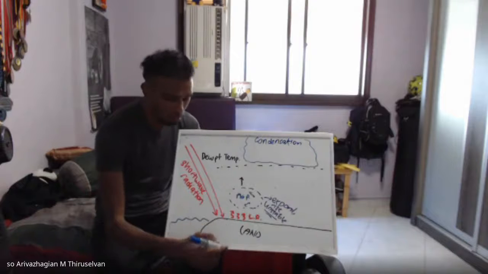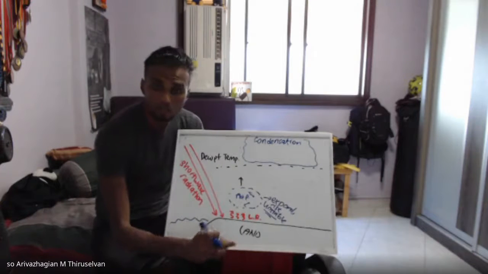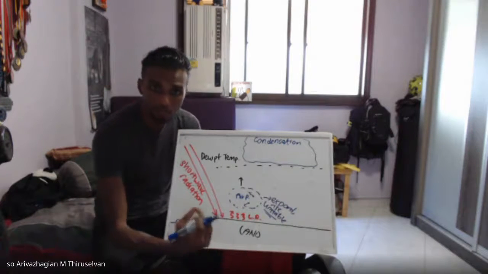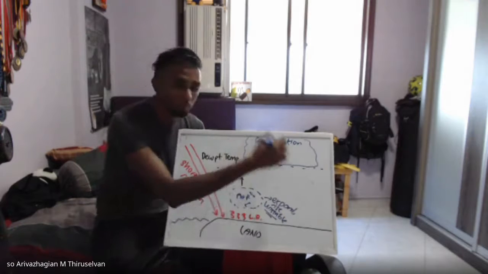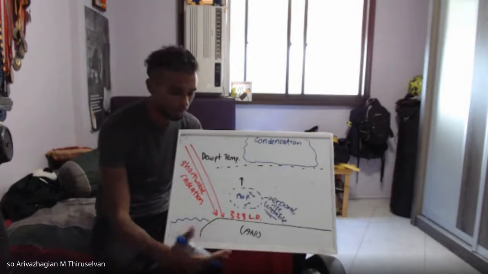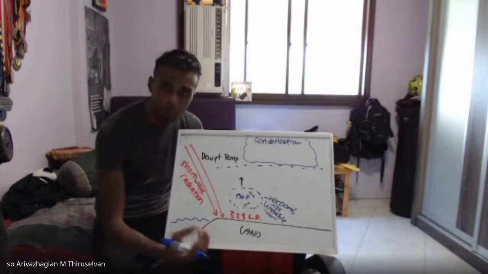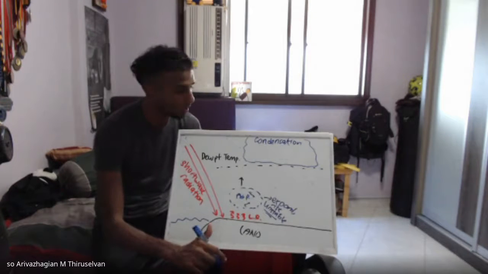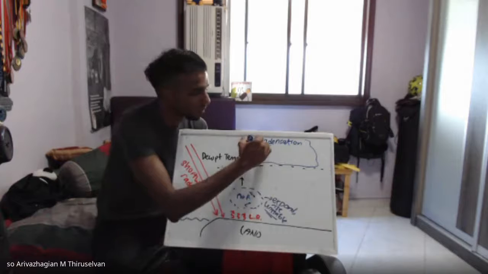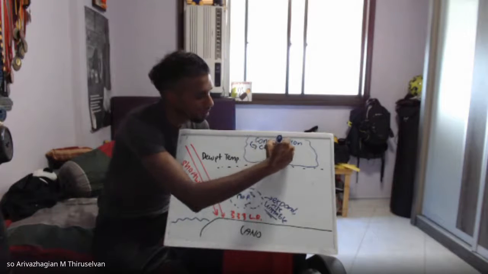When it condenses onto the condensation nuclei, the dust particles, etc., you get a large cloud that's going to be formed when all these particles are coalescing together. Condensation leads to cloud formation.